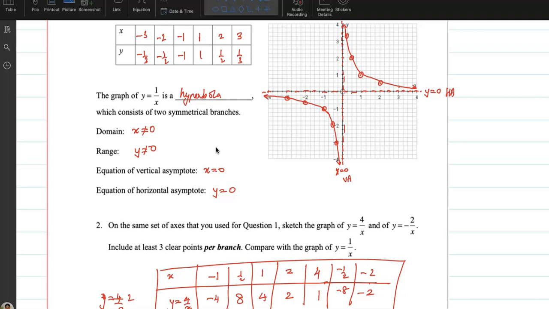Then minus half, minus 8, which will come all the way down. Minus 2, minus 2. Then if I take minus 4, it will be minus 1.